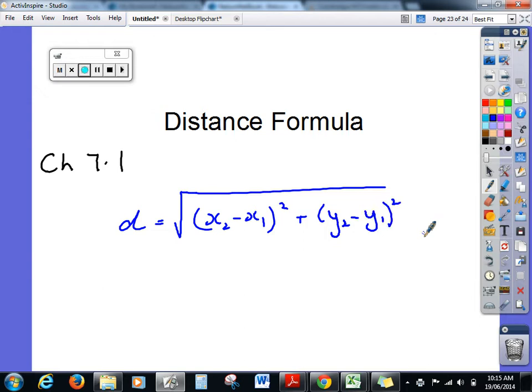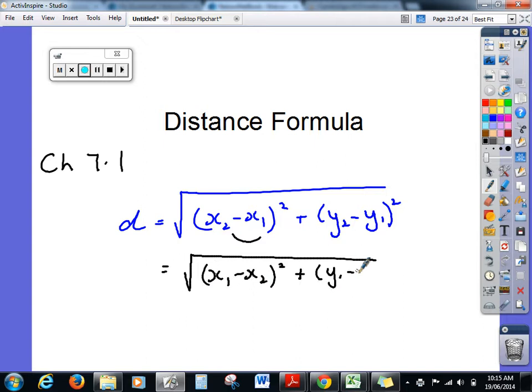Now, it doesn't matter if you have the 1 and the 2 in this formula swapped around. It is also the same as (x1 minus x2) all squared plus (y1 minus y2) all squared. It doesn't matter as long as you just keep the 2 points that we are using relative to each other the same.